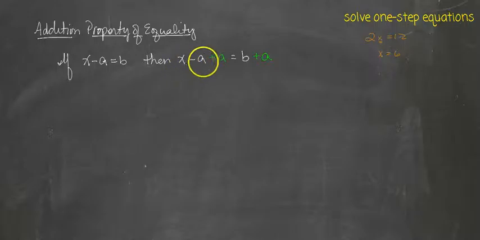So, if x minus a equals b, then what we have is an equal sign here, meaning that all of this has to equal all of that. And in order to keep the balances even, to keep the scales balanced, I can do anything to one side of an equation, an equal sign, as long as I do the exact same thing to the other side.